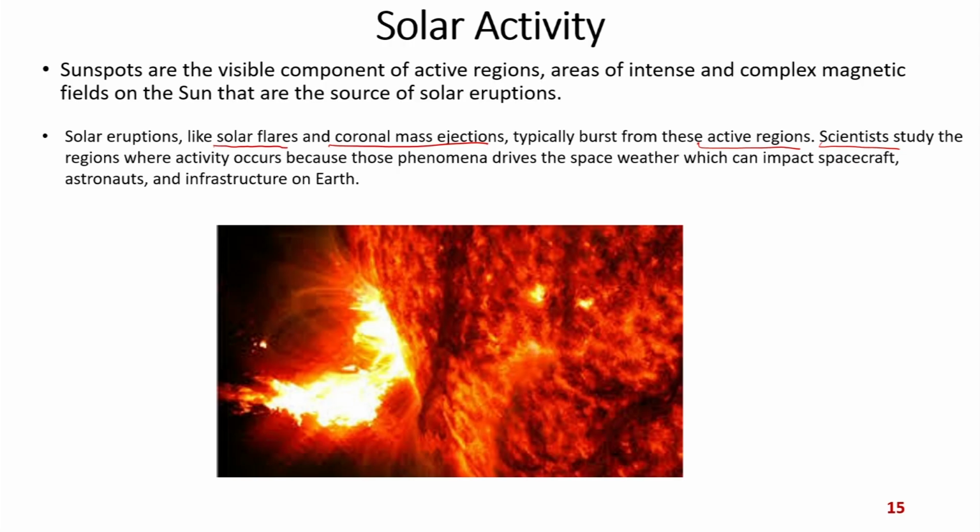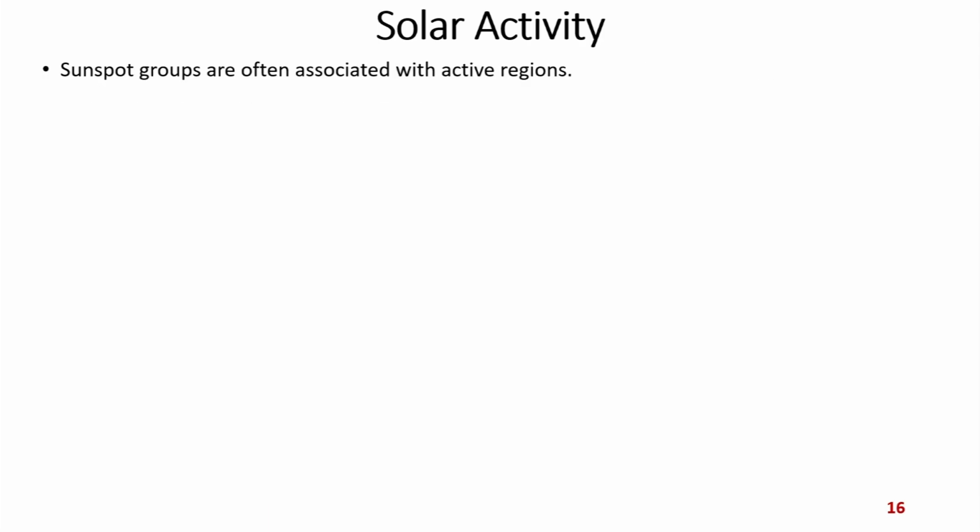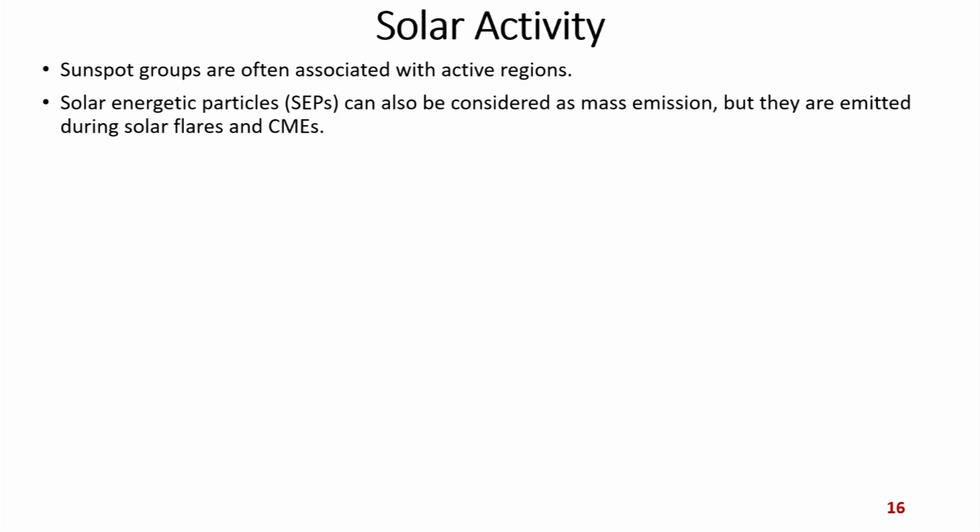You can see these are the explosions or eruptions that happen on the outer surface of the sun. Sunspot groups are often associated with active regions. The solar energetic particles, which are called SEP, we will also explain in subsequent lectures. These are considered as a mass emission, but they are emitted during the solar flares and CMEs.